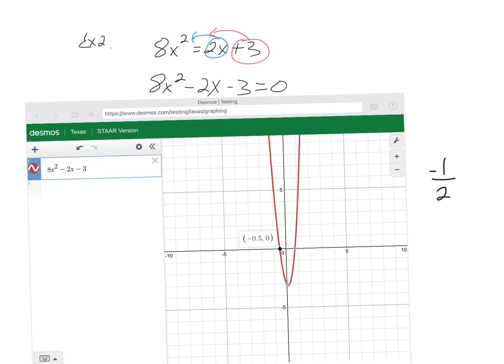That's what would probably show up most likely on the calculator. And then the other one, if we press on that one, it will tell us that it is 0.75. The decimal is fine, but you would probably see it written as a fraction, 3/4, and this is what the calculator would show you as the answer as well. But those are the two solutions, and that's how you find solutions by graphing.